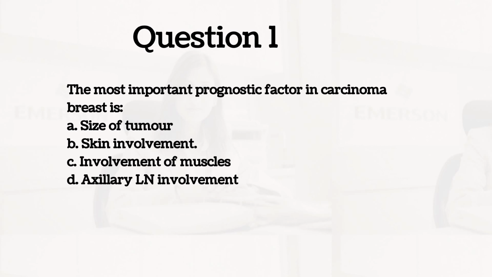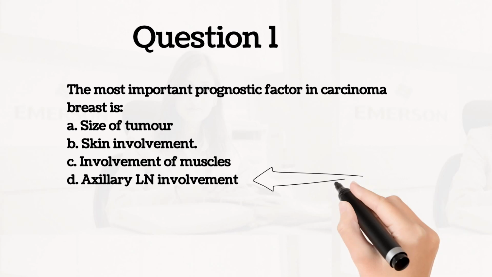So which one is the answer? What do you think the answer could be? The answer here is D, axillary lymph nodes. That's the most important prognostic factor in carcinoma of the breast, because that's the first metastatic place, so to say.